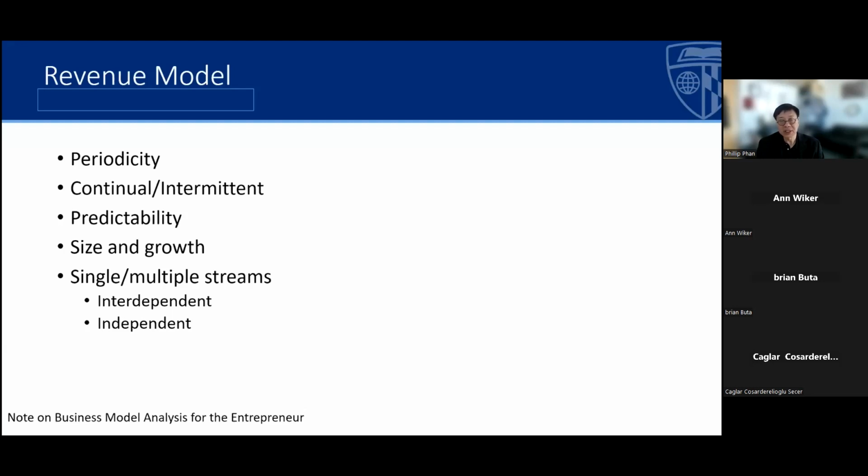And then other things, like whether it's predictable or not, the size of each sale. If you're selling an MRI machine, for example, you're not likely going to sell it on a subscription basis. However, you could probably sell a maintenance contract on a subscription basis, right? The machine itself is a rare event purchase, if you will, but it's a big amount.